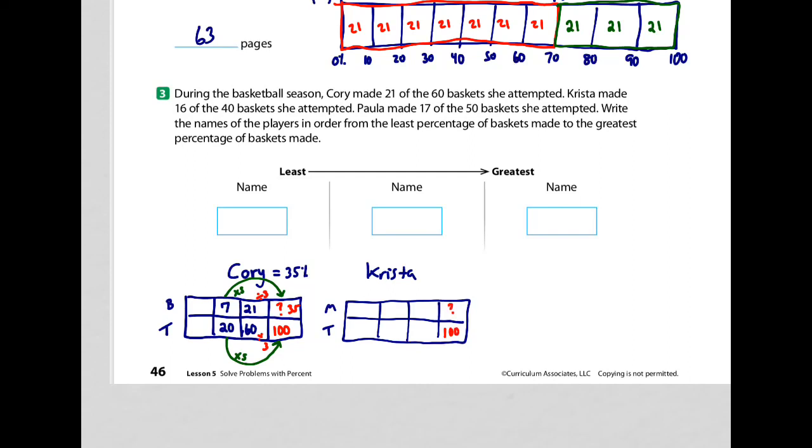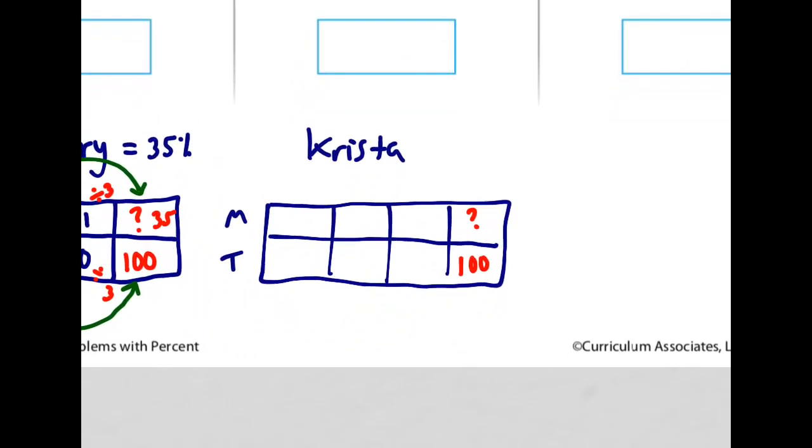So it says Krista made 16 of the 40 baskets. So she made 16 of 40 baskets. Now 40 doesn't go nicely into 100, but if I divide by 4, I'll get an equivalent ratio. So 16 divided by 4 is 4. 40 divided by 4 is 10. So 4 out of 10 is equivalent.